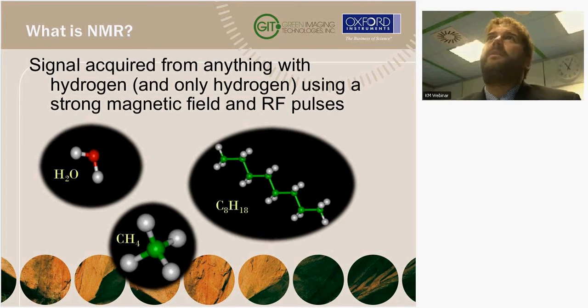So people care about NMR in core analysis, and in medical for that matter. NMR is unique in that the signal we get comes from hydrogen. In the simplest sense, anything with hydrogen, when we place it in a magnetic field, will exhibit a property that allows us to detect the hydrogen in that sample.